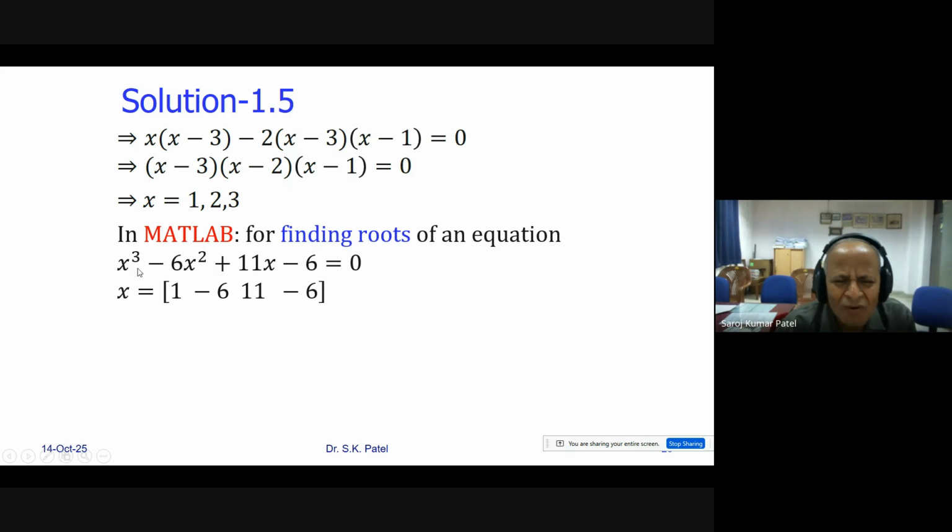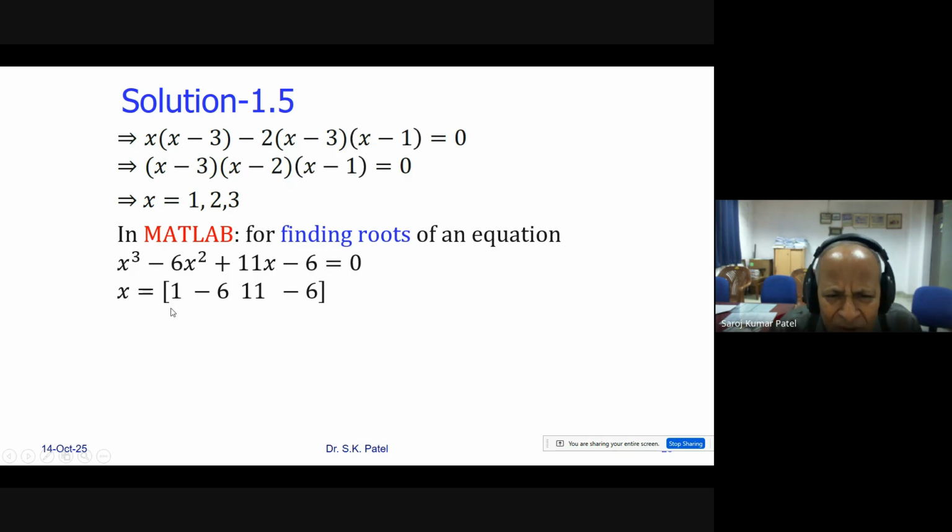Next is x square, whose coefficient is minus 6. So next you write down minus 6. After x square comes x to the power 1, and its coefficient is 11. So write down plus 11. Then comes x to the power 0, that is 1, and its coefficient is minus 6. So write down minus 6.